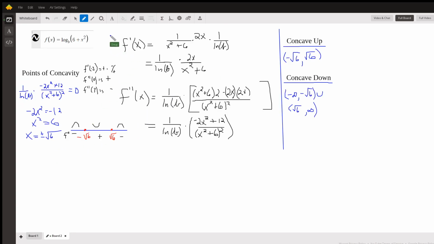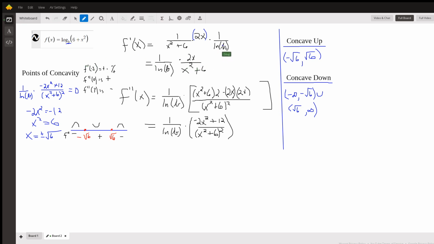You want to find f prime of x, where this is the base, b. The derivative of a logarithmic function is 1 over the parameter of the logarithmic function times, in this case, by the chain rule, the derivative of the parameter, which is 2x. And then for base b, you have to multiply by 1 over the natural log of the base b.